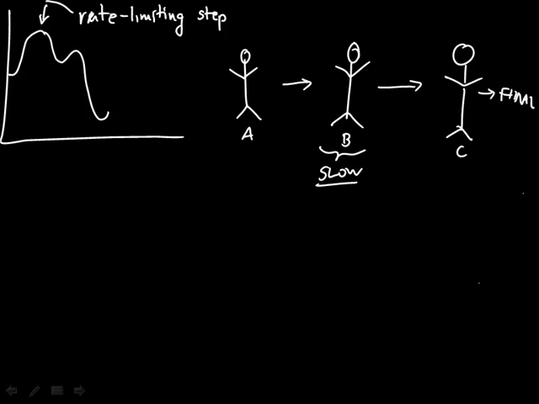And that is a surprisingly accurate analogy when it comes to chemical kinetics. And so in our reaction, the first step is the rate limiting one. And that is the abstraction of hydrogen from an alkane by a halogen radical. So this is our rate limiting step.